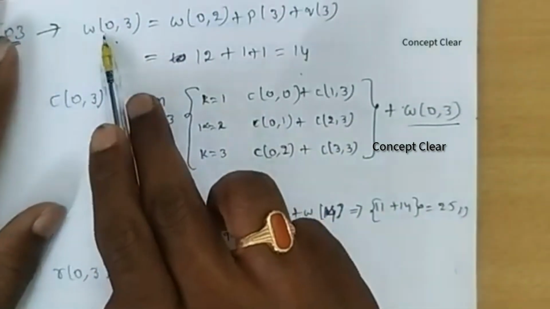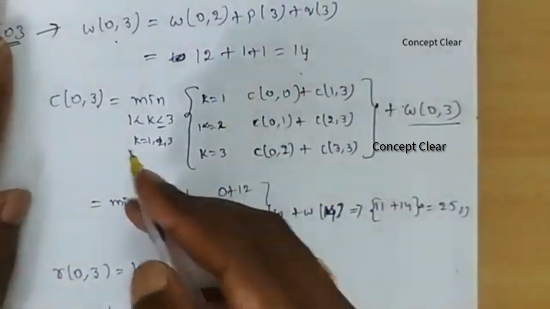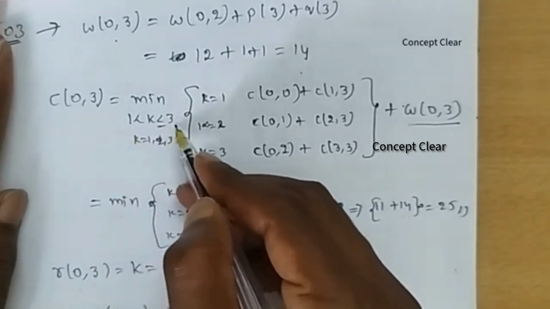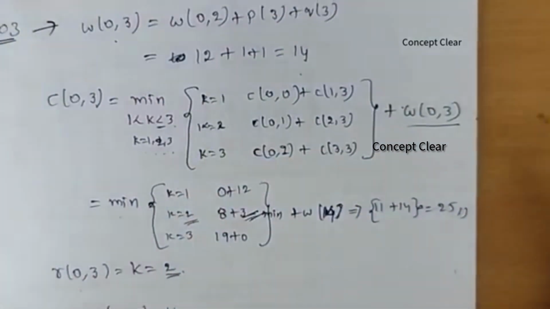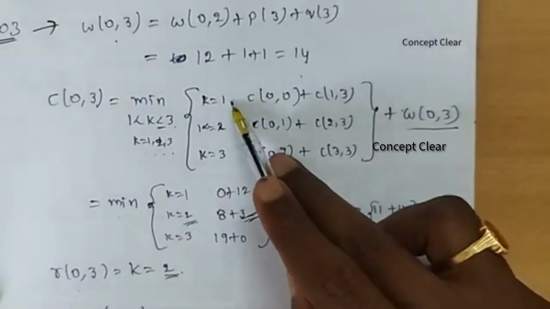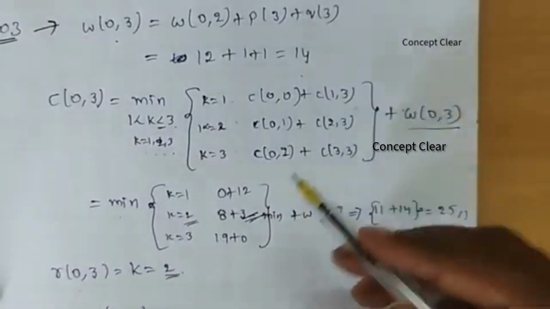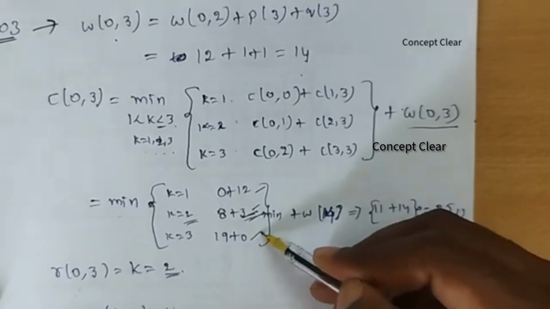Here also I am finding the w value, c value, and r value. Same thing. What is the k value? k is such that 0 less than k less than or equal to 3. So what are the possible values? k equals 1, 2, 3. We have to consider k equals 1, k equals 2, k equals 3. Finally, we get 12, 11, and 19.